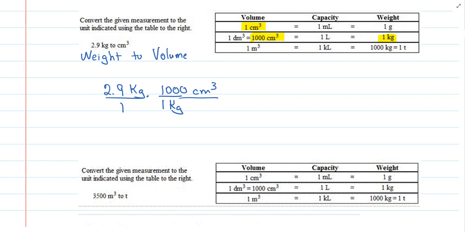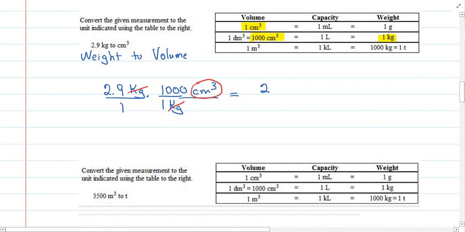So now let's see what happens here. This cancels. I end up with centimeters cubed. That's what I wanted. And now I'm going to put it as 2,900 centimeters cubed. That's my solution. Good.